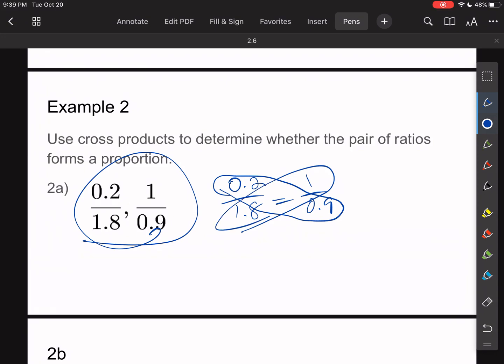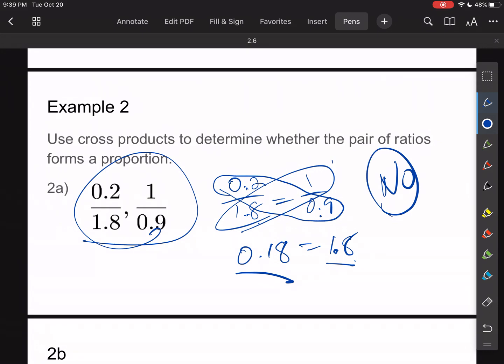If you do this out, you get 0.18 when you multiply 0.2 times 0.9, and then you get 1.8 if you multiply 1.8 by 1. So even though these look very similar, I don't know why they're trying to trick you here, they're not. One's 0.18, one's 1.8. So therefore, the answer to this is no. These are not equivalent.